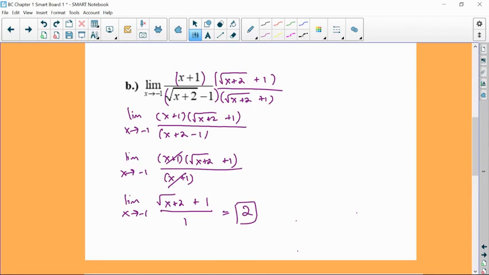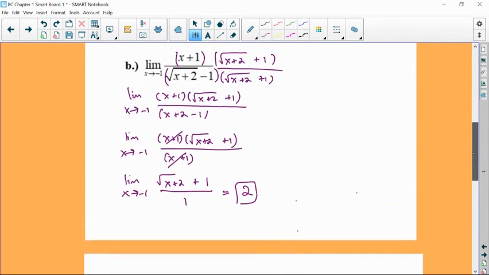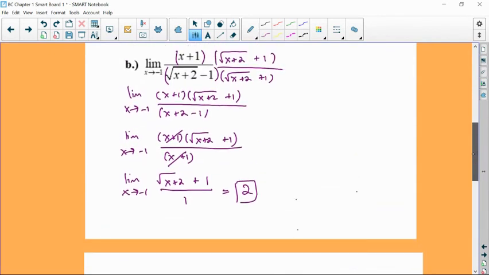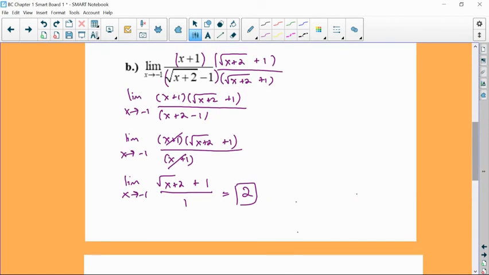And again, that's the y component. So multiplying by a conjugate is also a tool you need to help you analyze a limit. We can look at a limit from a graph, from a table, and then also algebraically if you can factor or multiply by a conjugate.